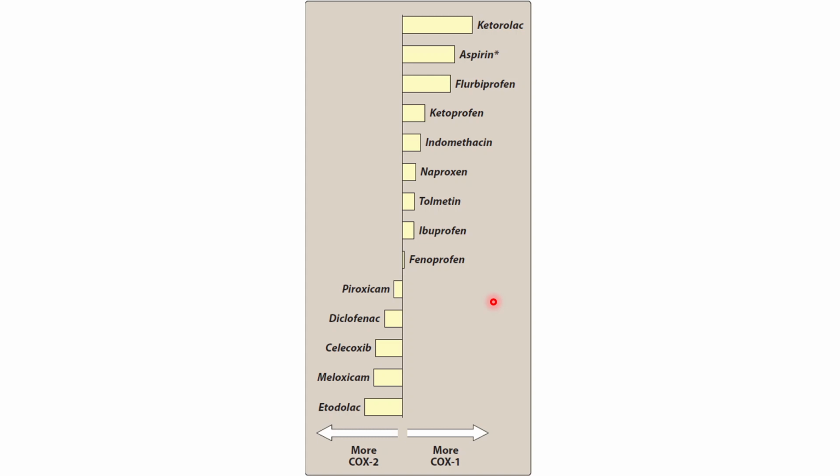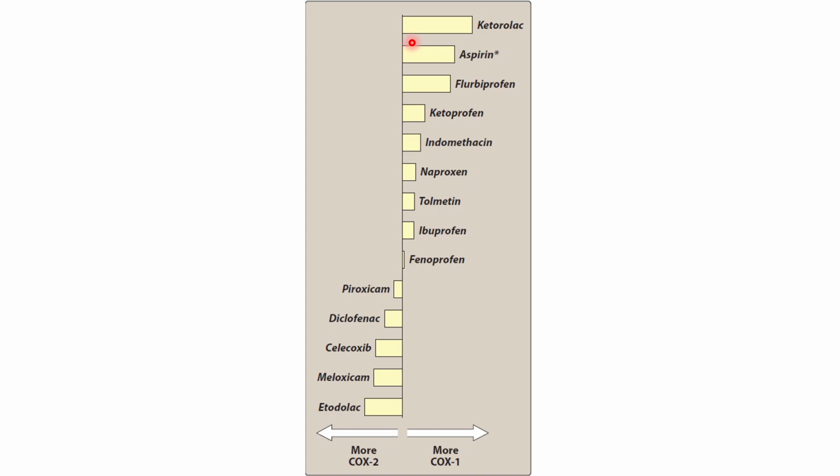So, for example, ketorolac is one of the most effective analgesics among the NSAIDs, and can be prescribed. The analgesic effectiveness of ketorolac is close to the opioid analgesics.